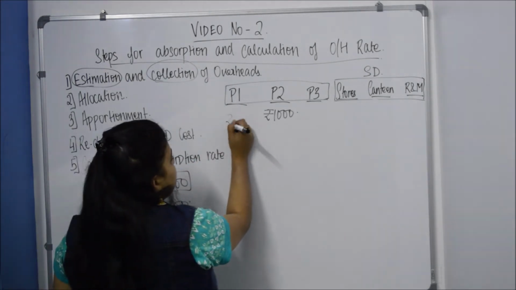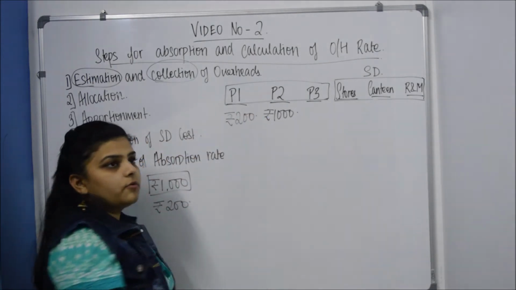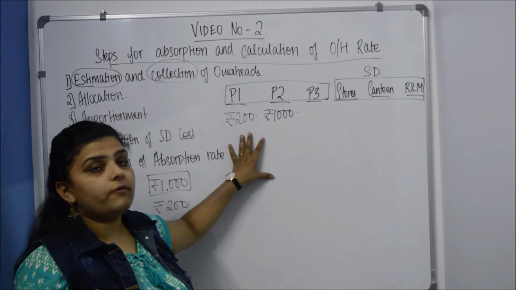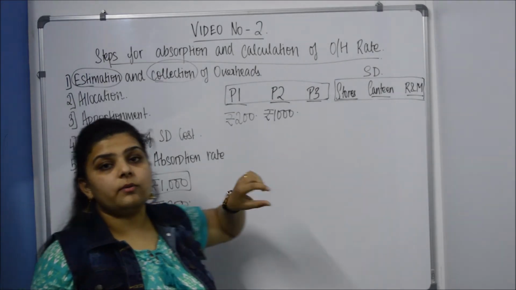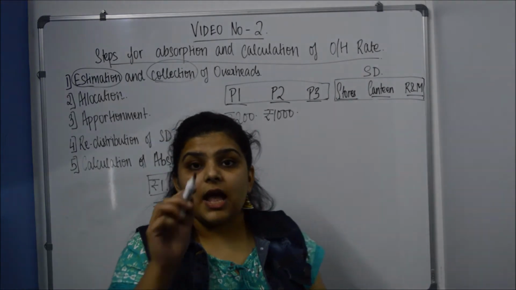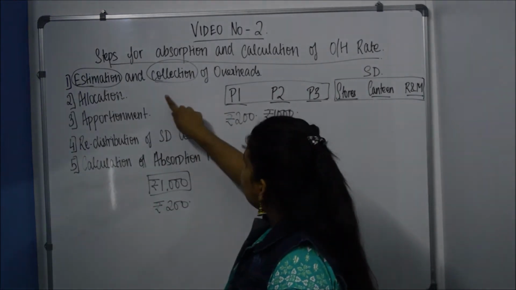P1 department will be allocated the cost of rupees 200, the overhead of rupees 200. Now coming to the meaning of allocation. Allocation is distribution of overheads.